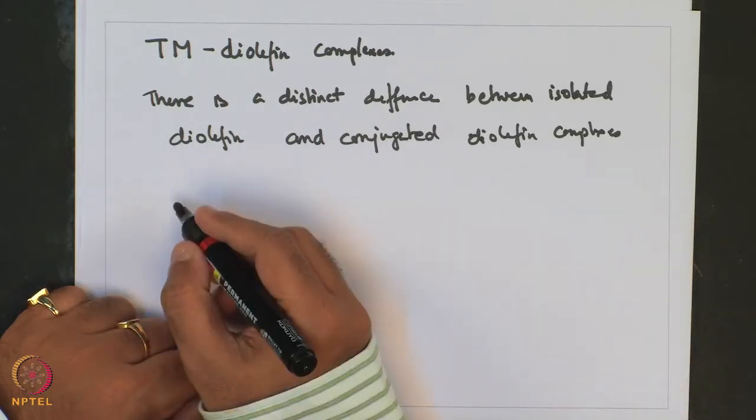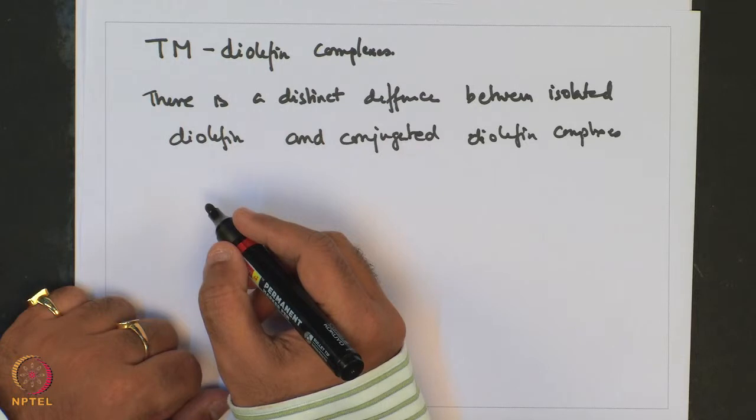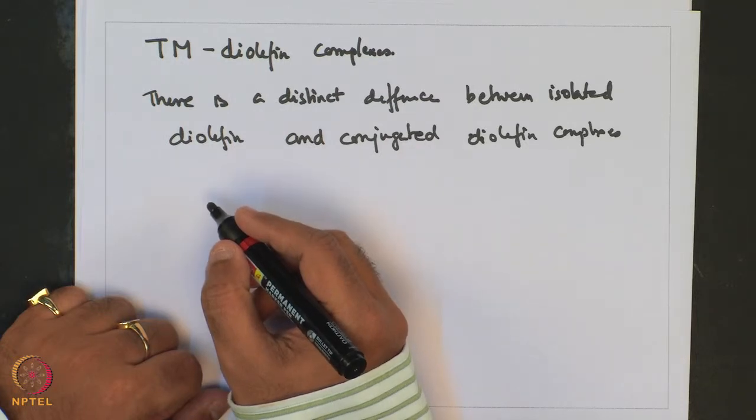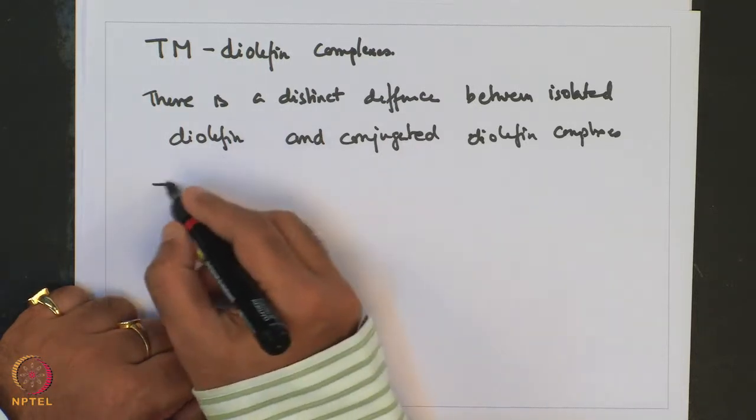The next thing is that metal ligand bonds in complexes with unconjugated di-olefin closely resemble the mono-olefin complex.